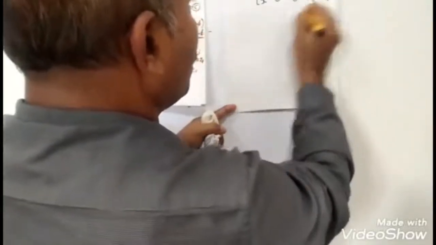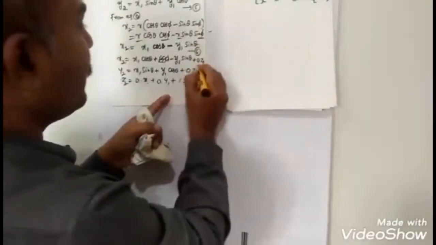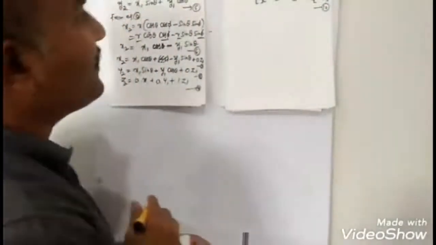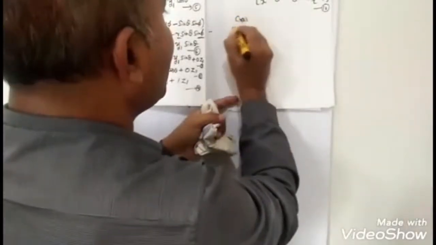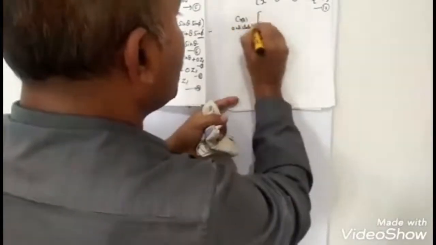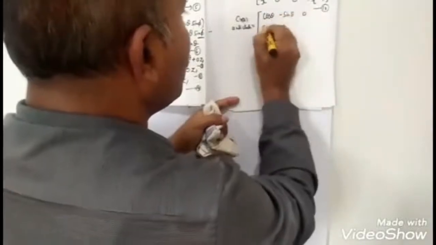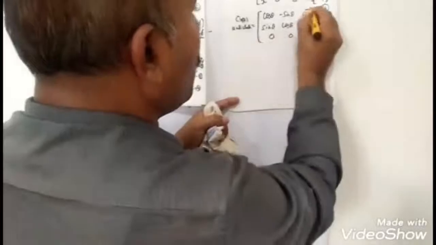So you can keep these as equations 7, 8 and 9. This whole one you can keep as representation 10. From this 10, the C and Z anti-clockwise matrix is cos theta, minus sin theta, 0, sin theta, cos theta, 0, 0, 0, 1.